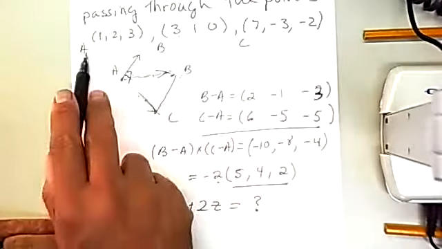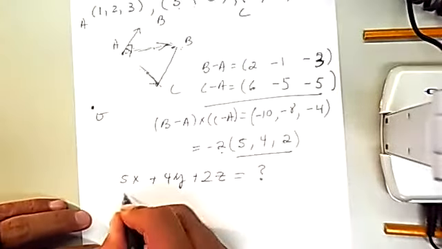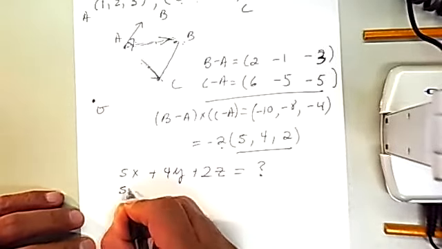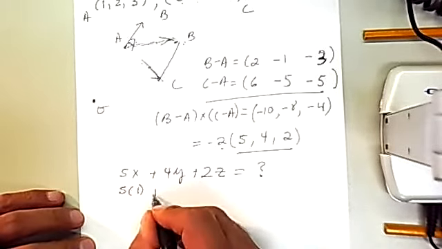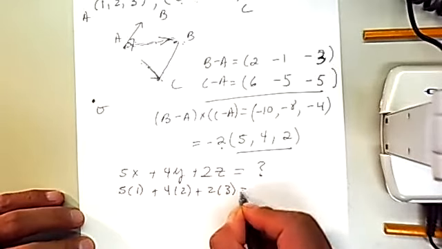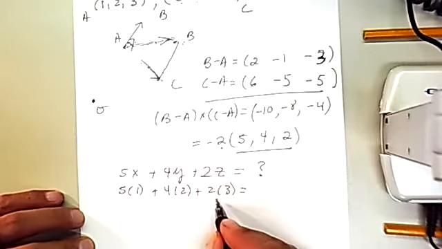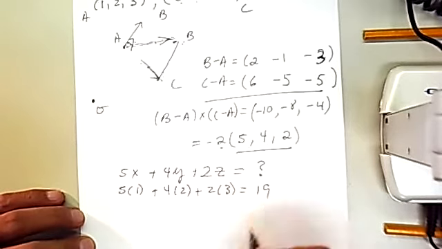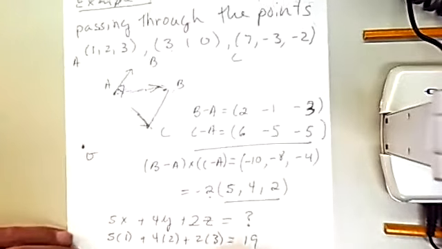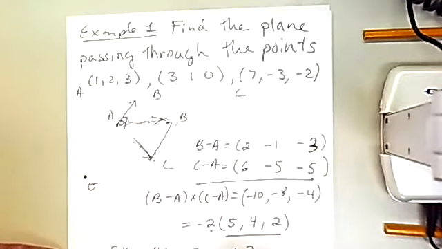So if we put 1, 2, 3 here for x, y, and z, we will end up with the correct constant. So 5 times 1 plus 4 times 2 plus 2 times 3 will give us 5 plus 8, 13, plus 6, 19.